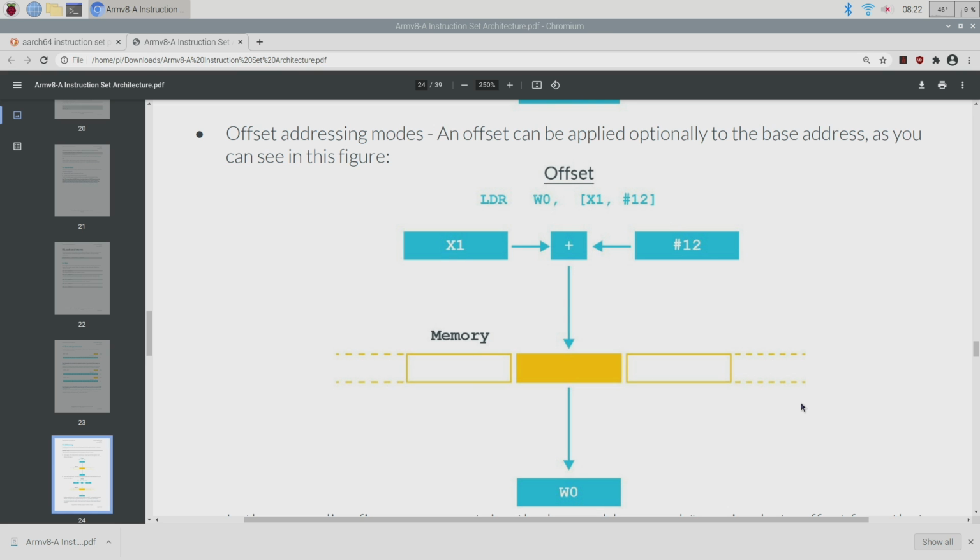Right, we were trying to do some string processing, okay? And so if we made our pointer to the base of the string, and then the offset would be how far from the beginning of the string we wanted to go. And so in our case, the offset was incrementing by 1 each time, right? So it started at 0, that loaded in the first character, we did something with it.